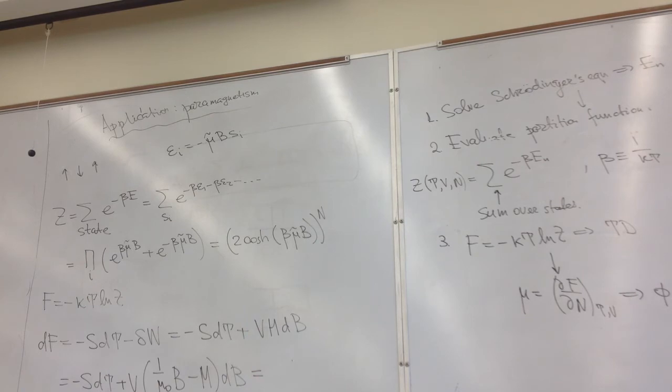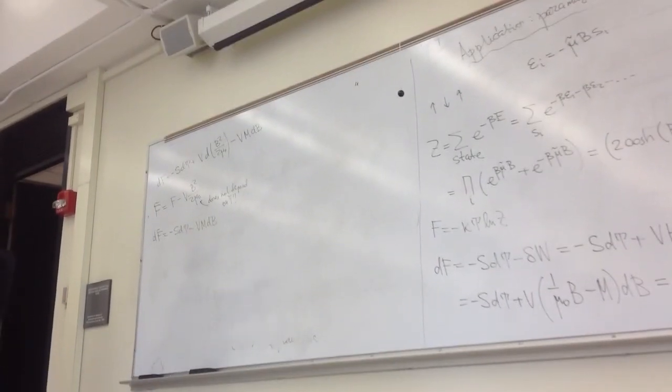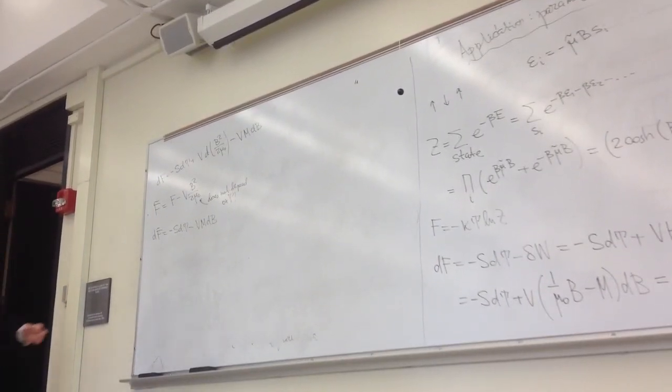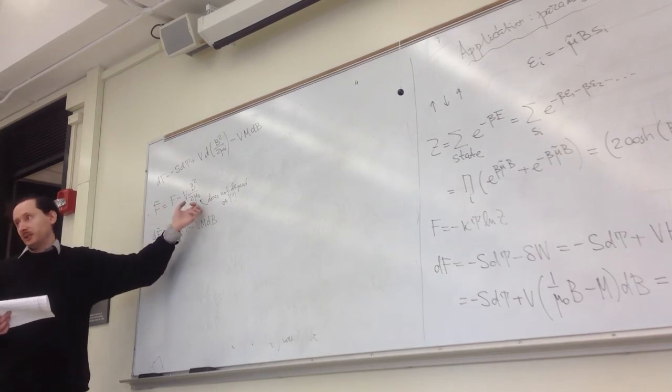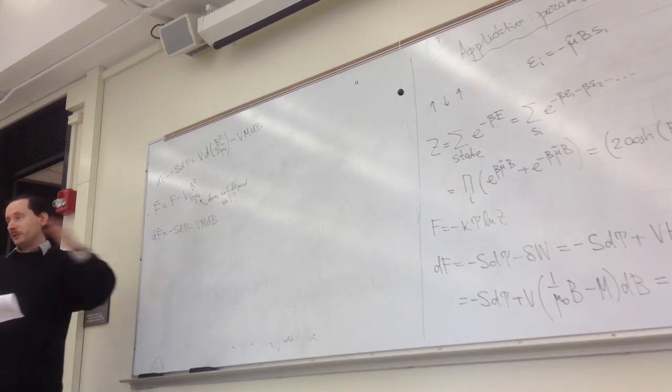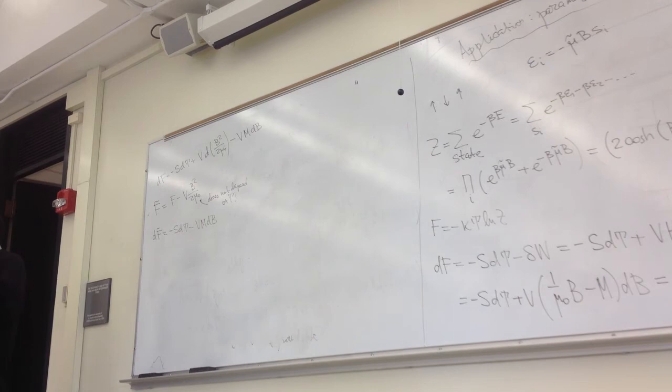So then I will find that dF tilde is equal to minus S dT minus VM dB. And F tilde is as good as F, because what I'm doing is just shifting energy. I'm choosing my zero energy at a different level. I can always do it, and it's crucial that it is temperature independent. So at 0 temperature, I fix my energy levels, and then I proceed.